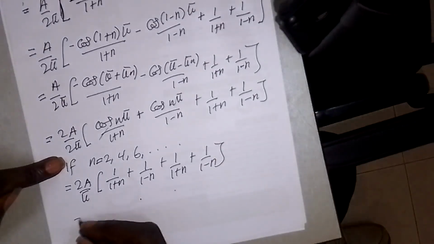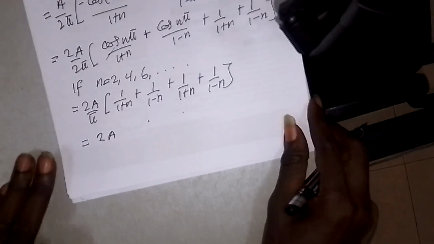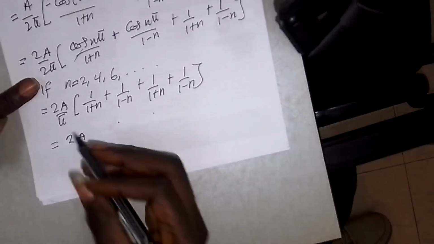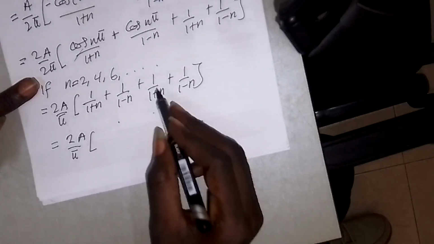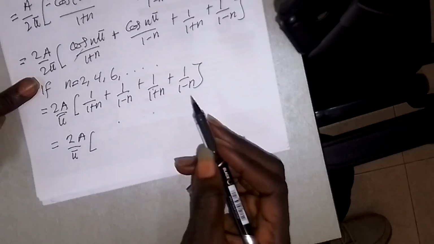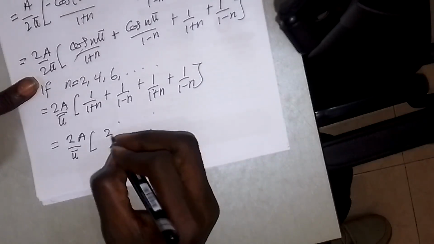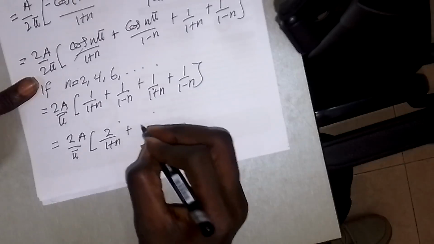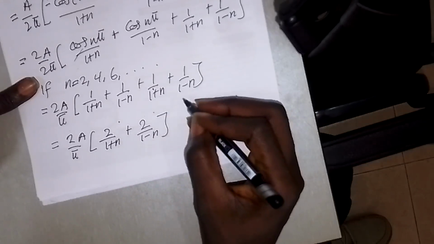Okay, so in that case, I'll get 2a over pi into this plus this. I'm going to get 2 over 1 plus n, and then this plus this, plus 2 over 1 minus n.